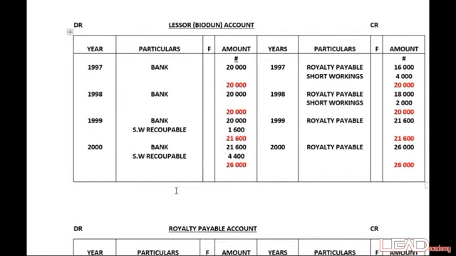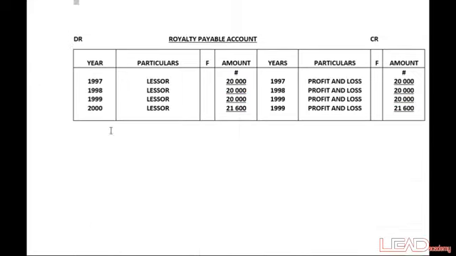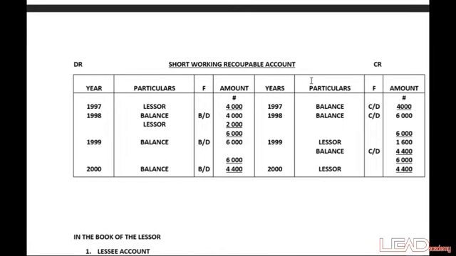So which means credit will go to the debit, debit will go to the credit. While in the royalty payable account, the same thing, the opposite of each other, this is not going to be royalty payable account, it's going to be royalty receivable account. Your short workings recoupable account will no longer be short workings recoupable, it's going to be only short workings account.